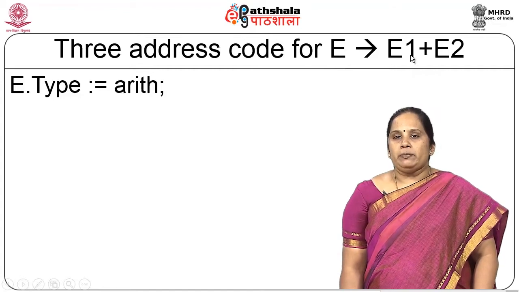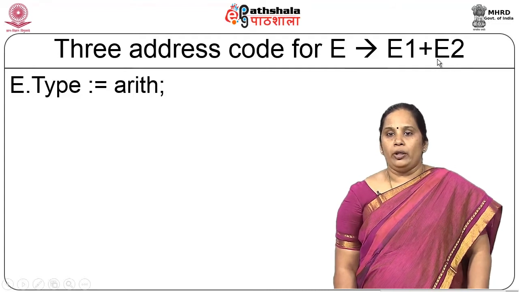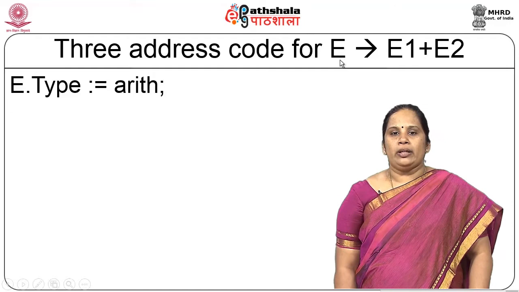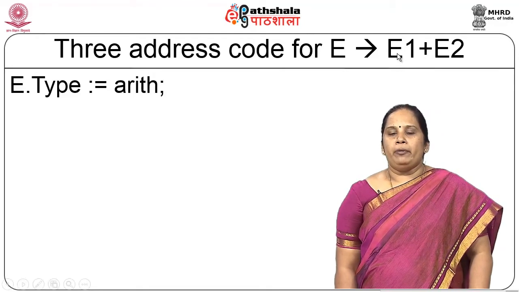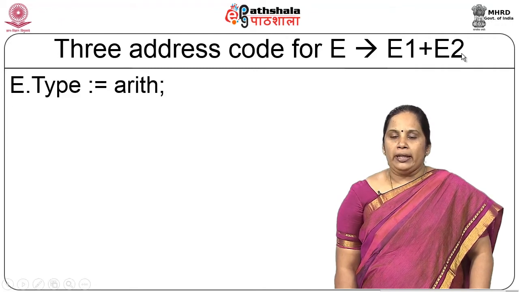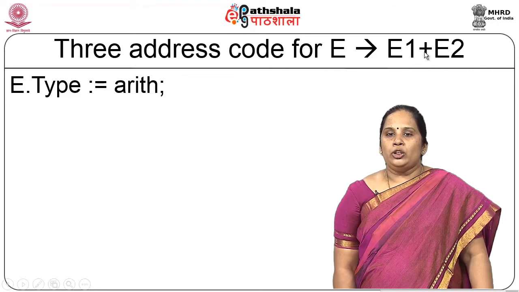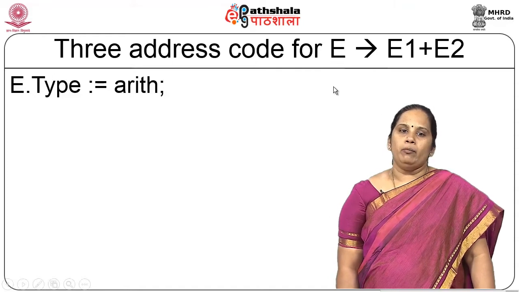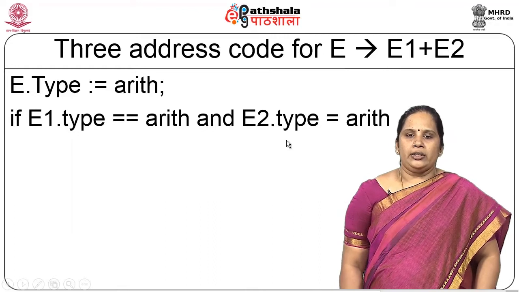So, whether expression 1 is arithmetic or Boolean, expression 2 is arithmetic or Boolean, if I am going to do an addition, LHS E corresponds to an arithmetic type. On the other hand, if I am joining these two with a Boolean operator AND or OR, the LHS E corresponds to type Boolean. That is what we are trying to look at here as 3 address code.